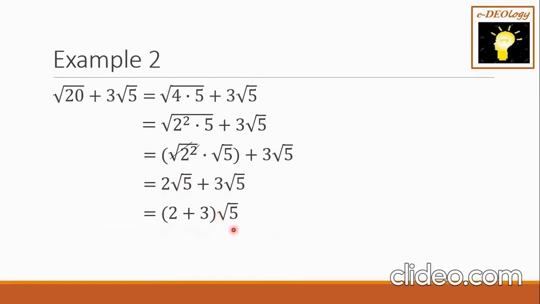Then we copy the common radical, the square root of 5. Simplifying further, the 2 plus 3 becomes 5, and then this square root of 5 is affixed again. So this is our final answer, 5 square root of 5.